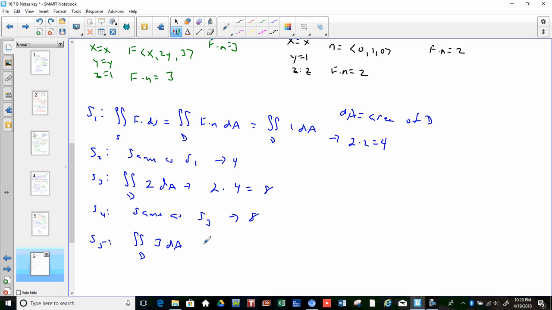They have exactly the same area. So this is going to yield 3 times 4, which is 12. S6 is the same as S5, which is 12.